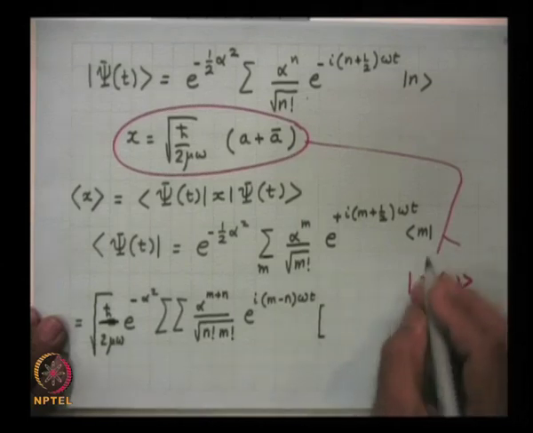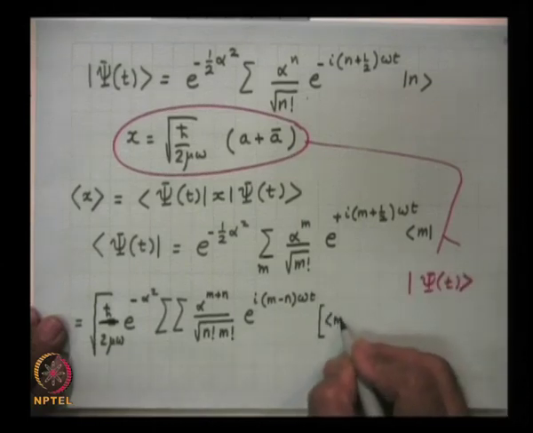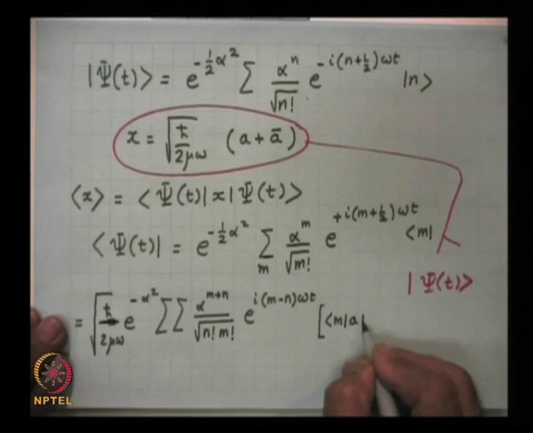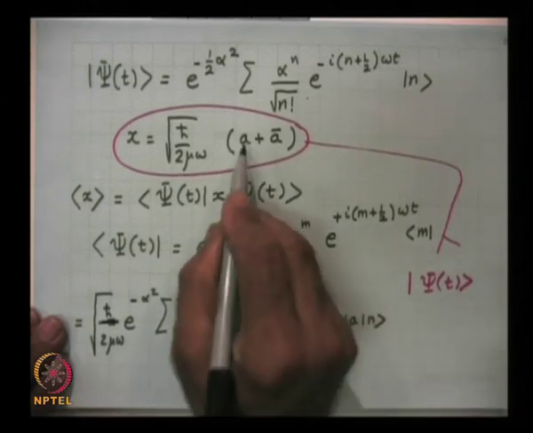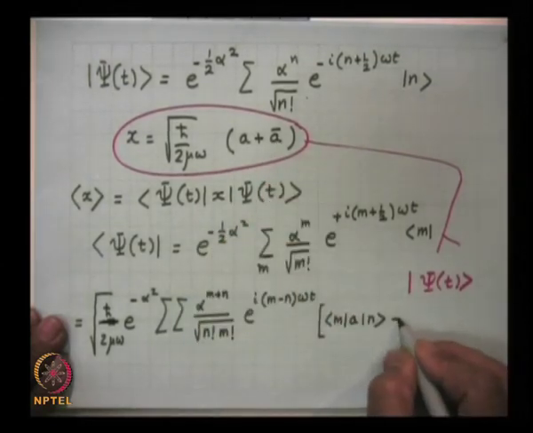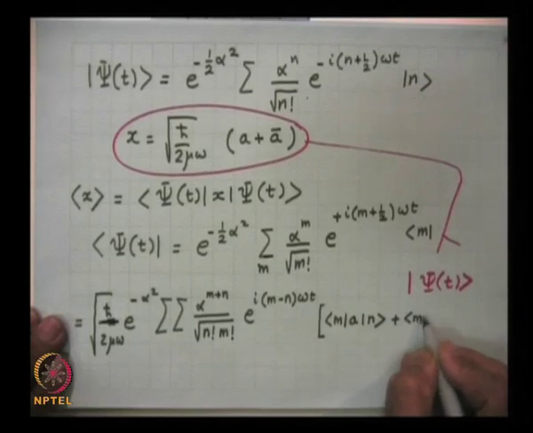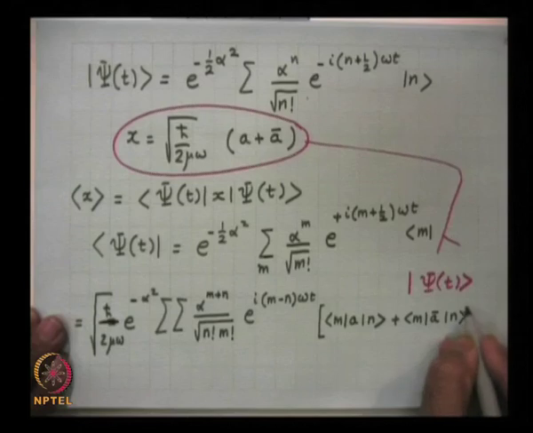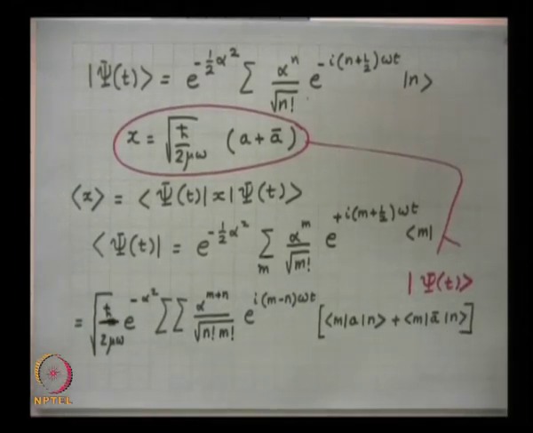Please see this: bra m, A, ket n, plus bra m, A bar, ket n. These are known as the matrix elements, the mn-th matrix element of the operator A.